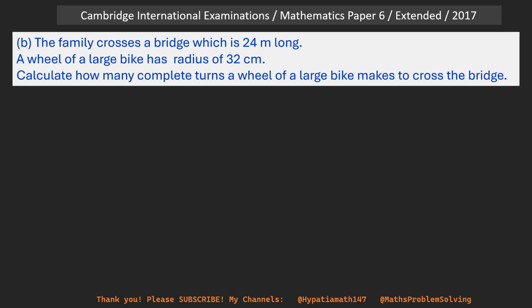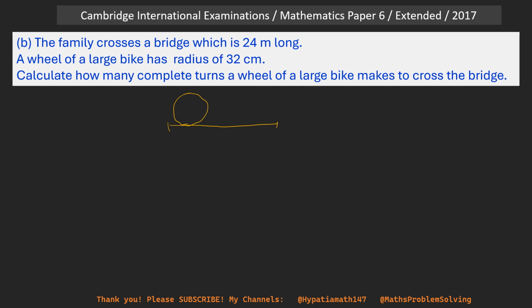The next part is a family crosses a bridge which is 24 meters long. A wheel of a large bike has a radius of 32 centimeters. How many complete turns would the wheel make across the bridge? So there is a bridge and there is a wheel.